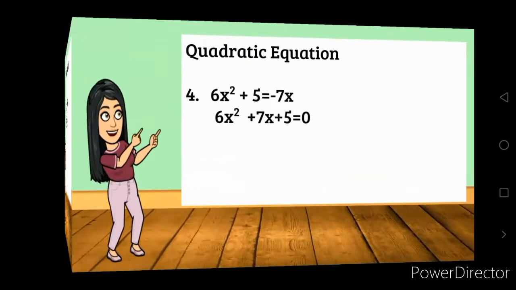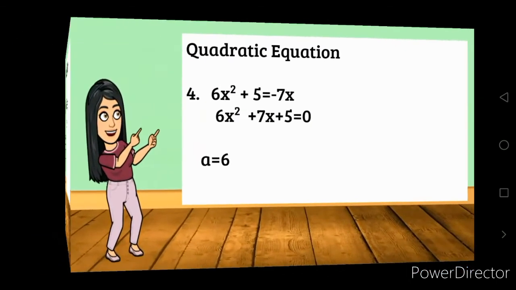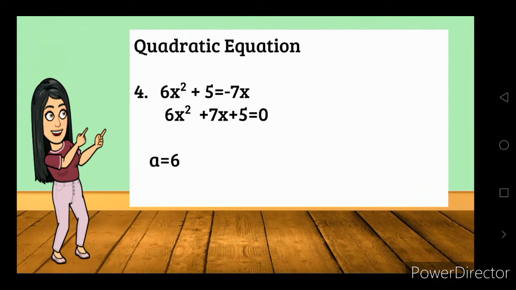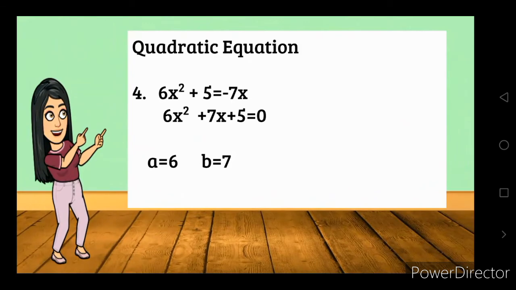Then the last term is the constant term, plus 5 equals 0. So let us identify the value of each a, b, and c. a is equal to 6, b is equal to 7, and c is equal to 5.